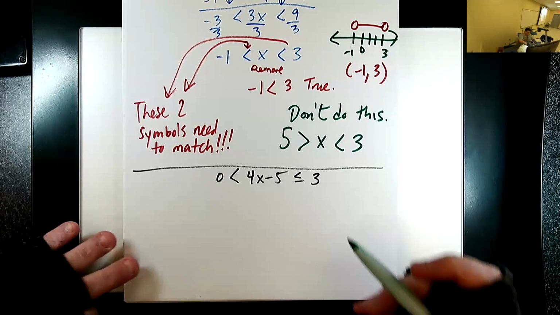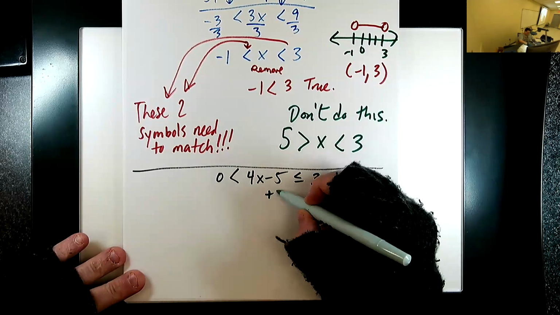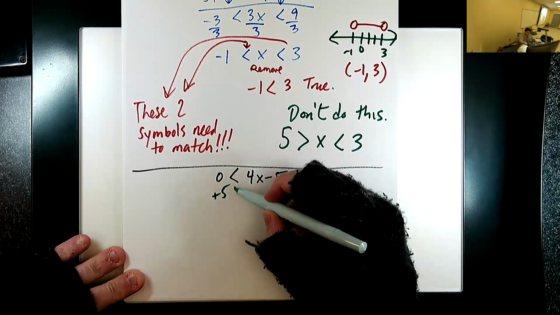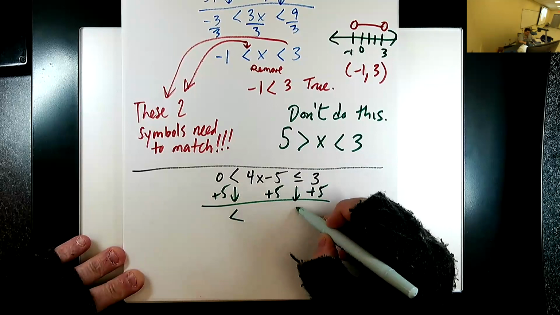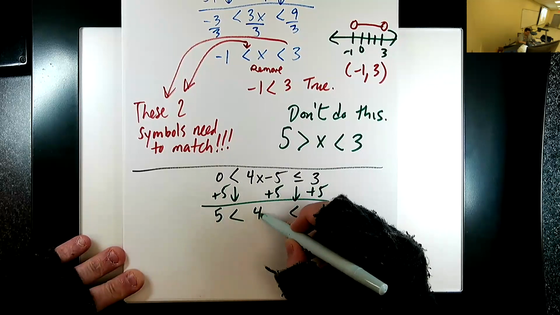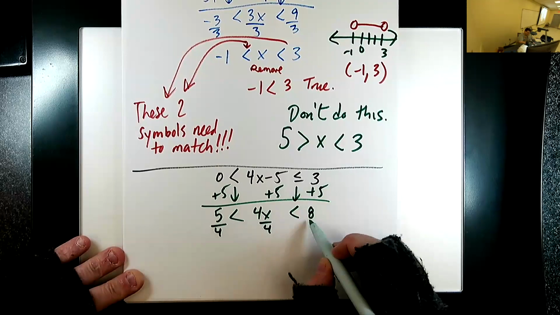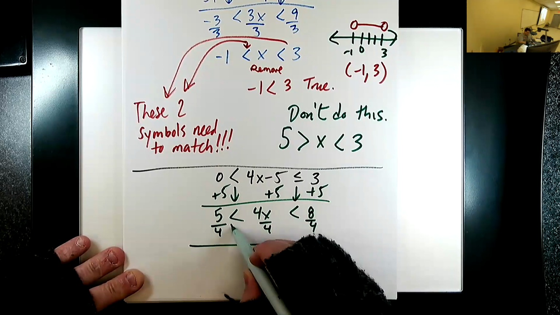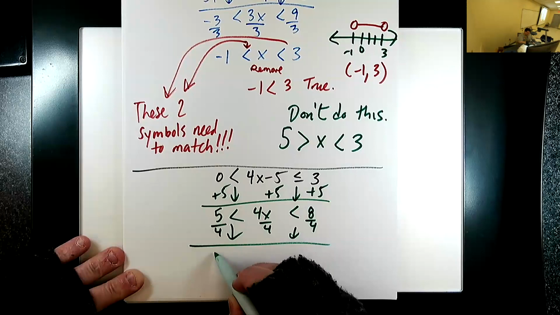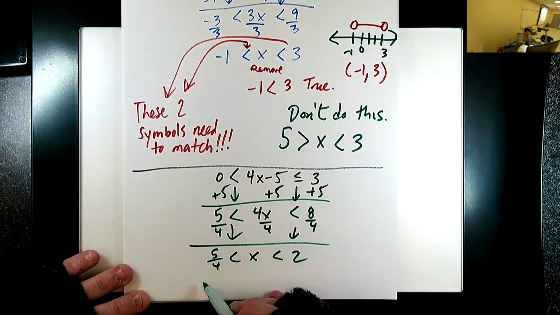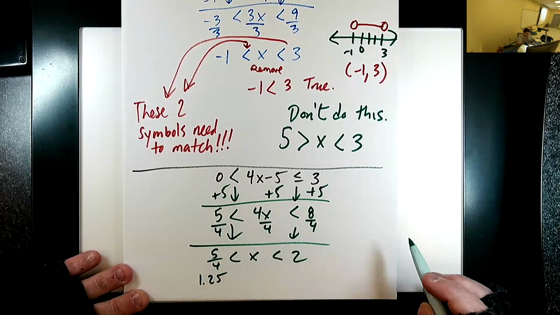Get back to work. All right, I'll add 5 to both sides. Well, not both, but all 3 sides. 5 is less than 4x is less than 8. Divide everywhere by 4. And I get 5/4 is less than x, which is less than 2. 5/4 is like 1.25.